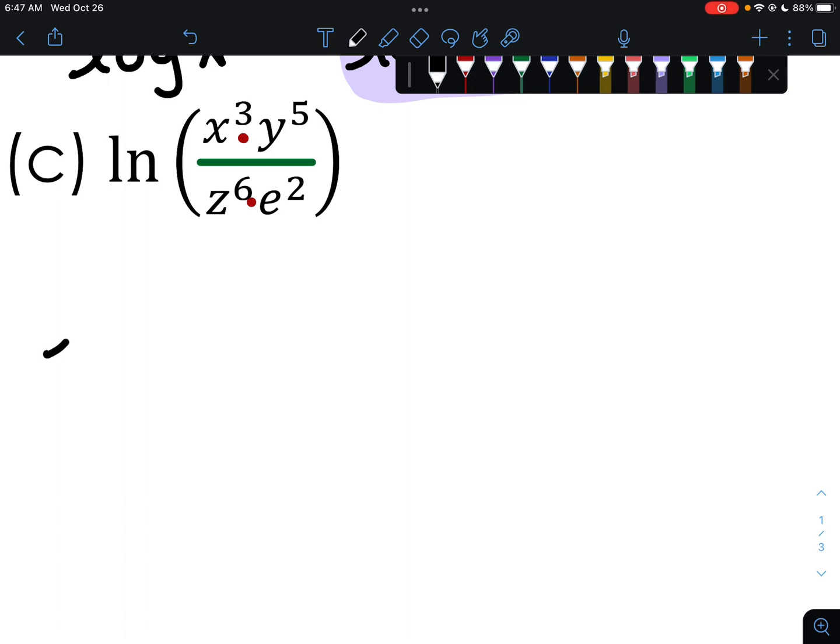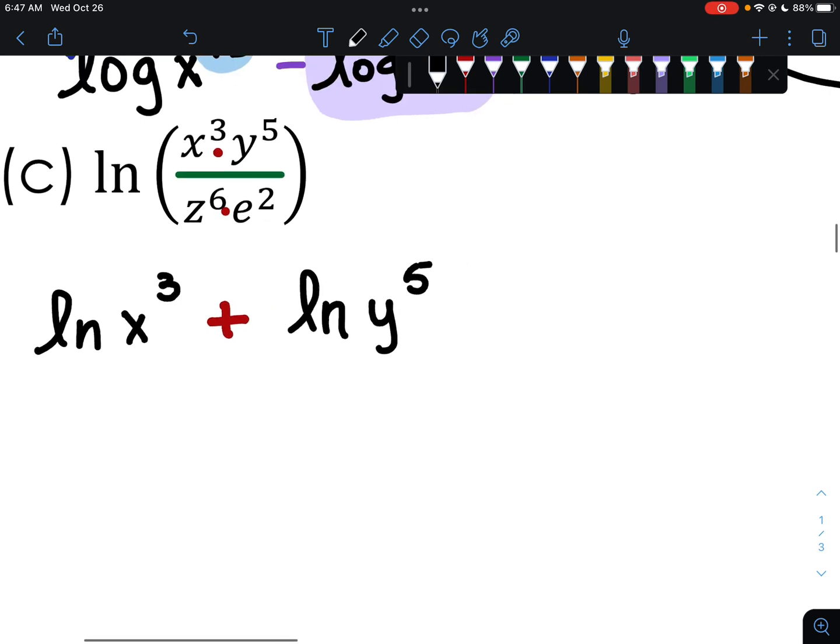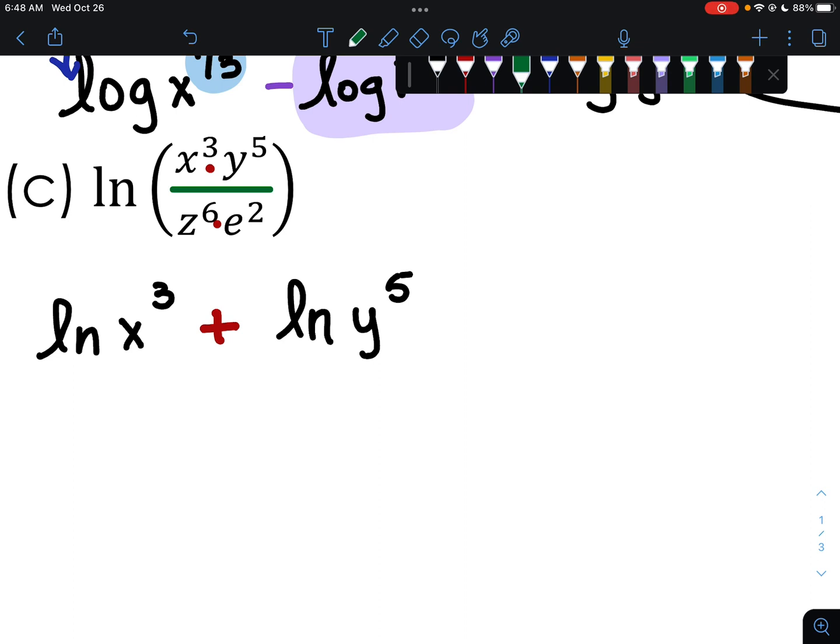So we have the natural log of x to the 3rd plus the natural log of y to the 5th. Now I move to the denominator. They get a minus sign: minus the natural log of z to the 6th.